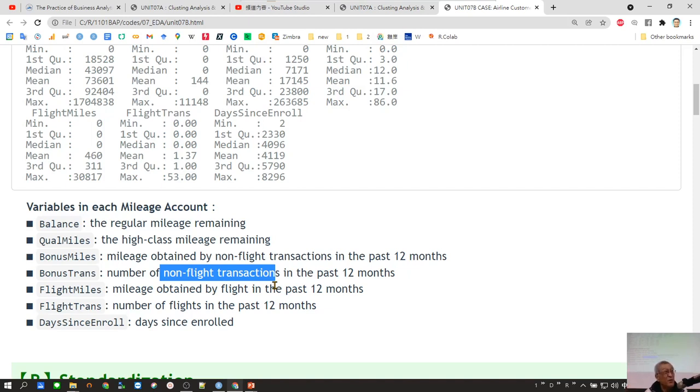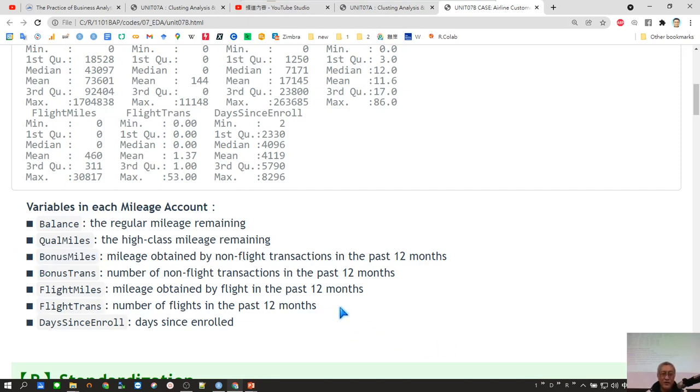Sometimes you can buy mileage on their website if you want to. So that is what we mean by non-flight transaction. The number of times you acquire this non-flight mileage is the bonus transaction, and the number of miles you get from these transactions is this variable.